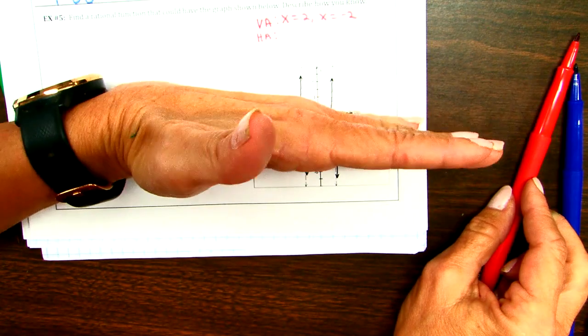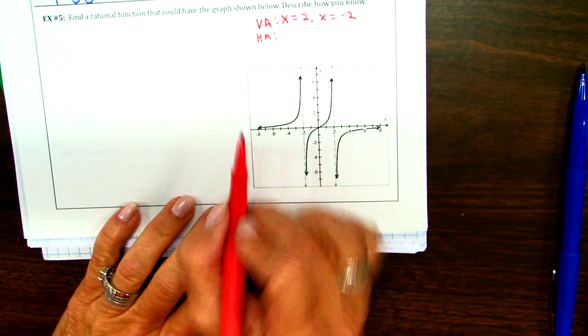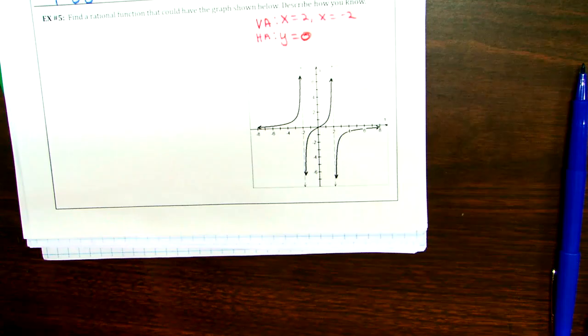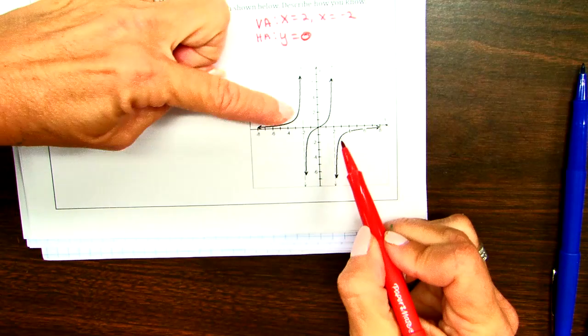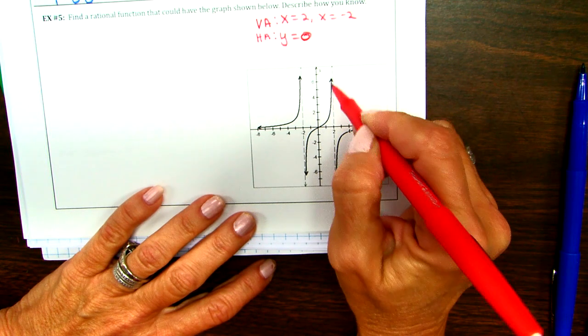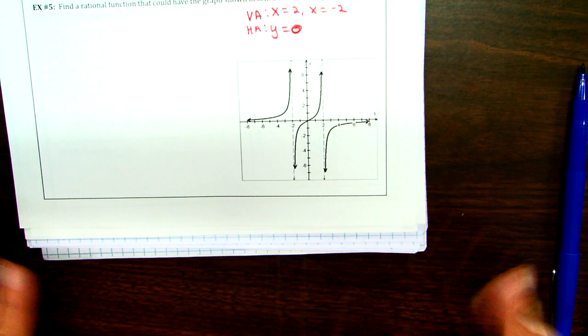Sometimes it's at 0 like this one, sometimes it's up, sometimes it's down, but there is one there, and it is at y equals 0, which is the x-axis, okay, because you can see these branches getting really close. Remember, that middle one will sometimes cross the horizontal asymptote, which goes against everything you've been taught, but it is allowed, okay?